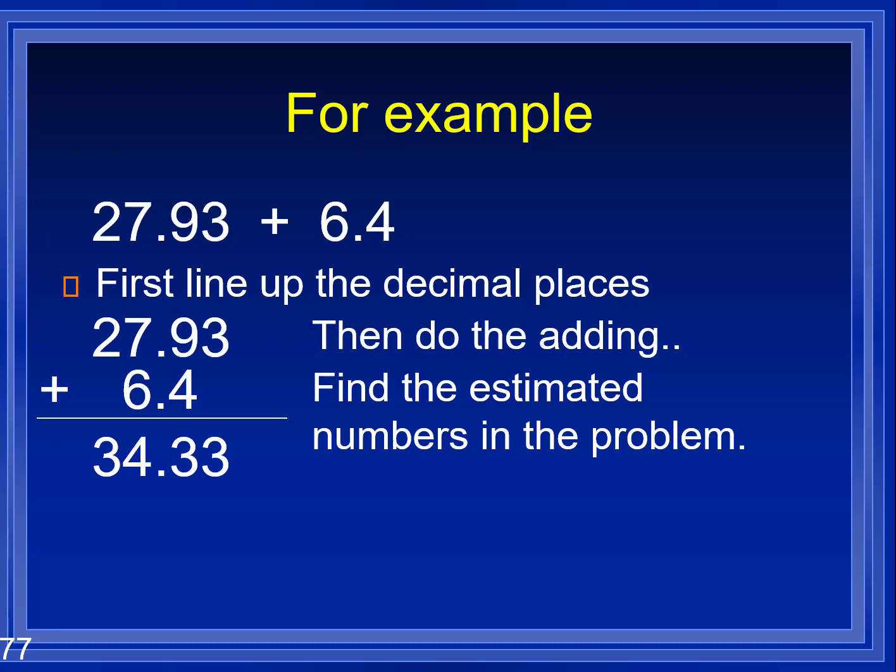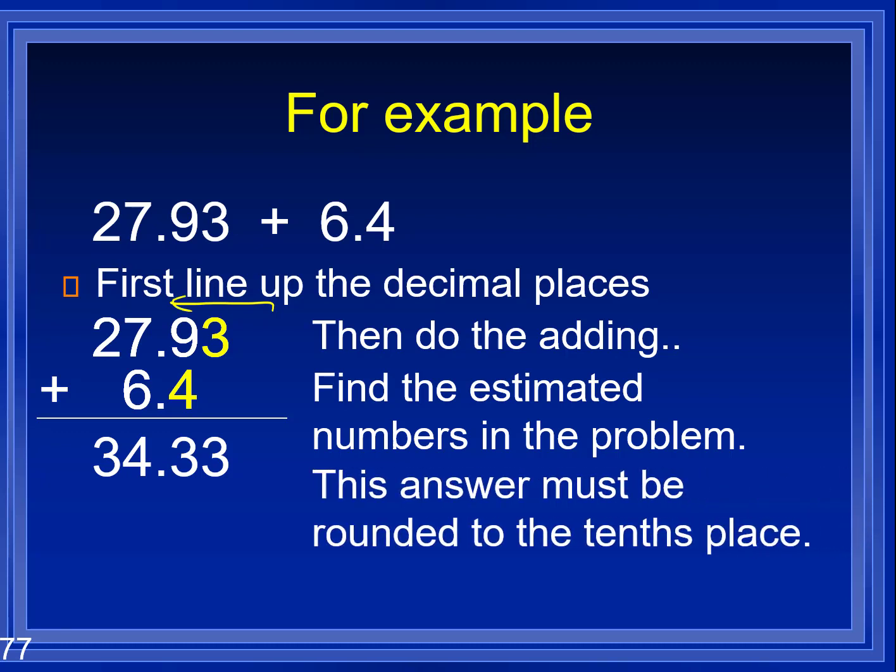So the estimated numbers are the 3 and the 4. Which one of those is in the biggest place? The 4. Which one's furthest to the left? The 4. So that's where I got to round it off. It's in the tenths place. So 34.3.